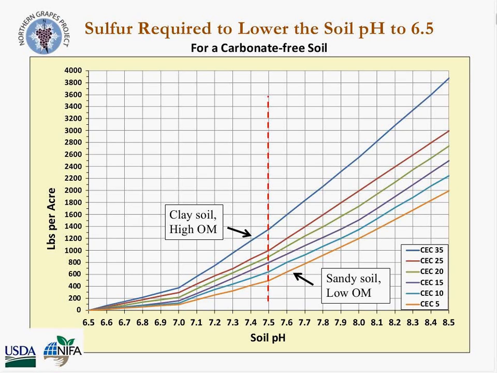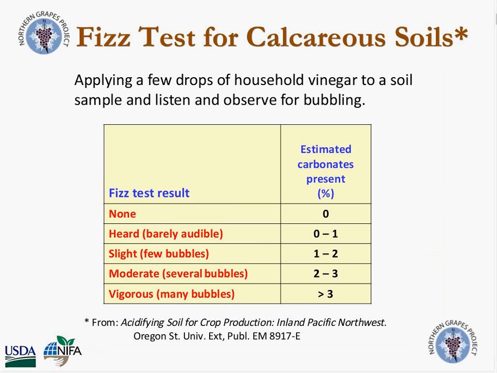In terms of determining whether you have calcium carbonate in your soil, a very simple test to run is the fizz test. That entails just putting on some acid, even household vinegar. If you get bubbles, that means that you have calcium carbonate. If you are in the range of barely audible to less than that, you can use elemental sulfur.